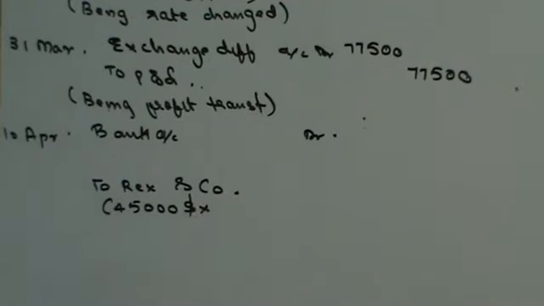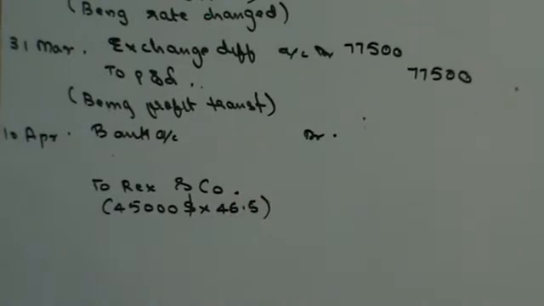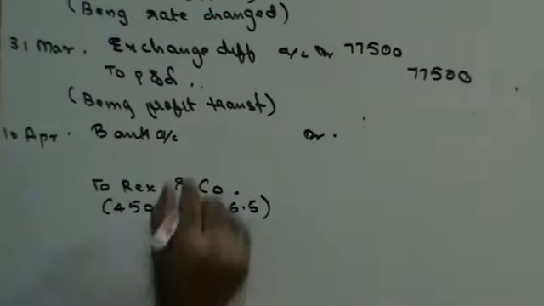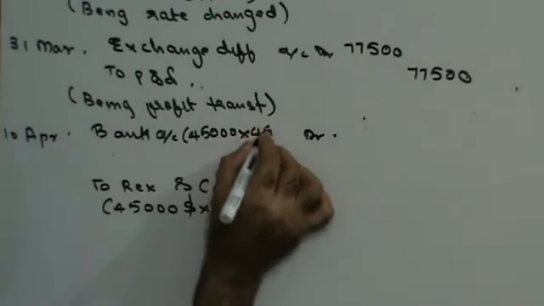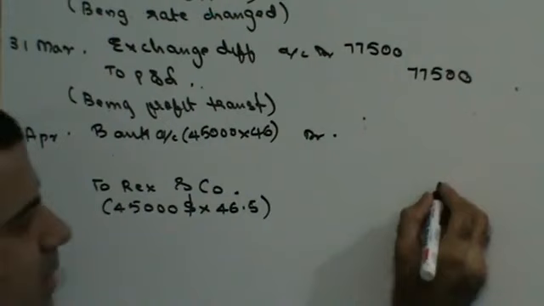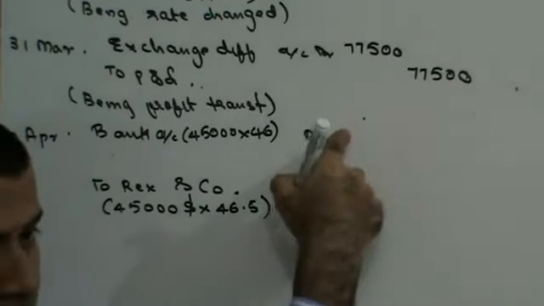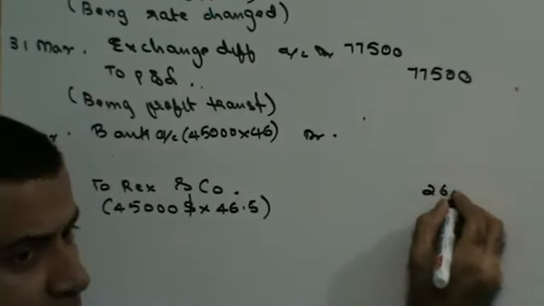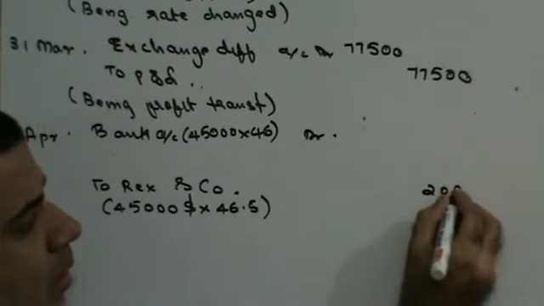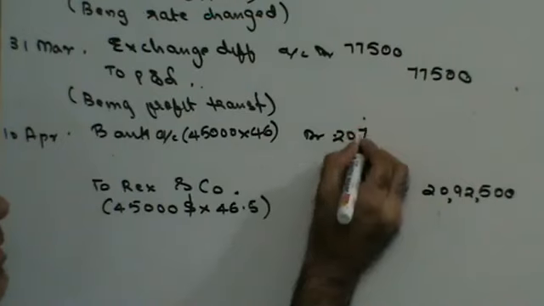As of 31st March, the rate was 46.5. On the date of payment, the rate was 46. So they are going to pay you $45,000 at the rate of 46. Someone please get me this 46.5 and 46. How much is this? 20 lakhs 70,000.